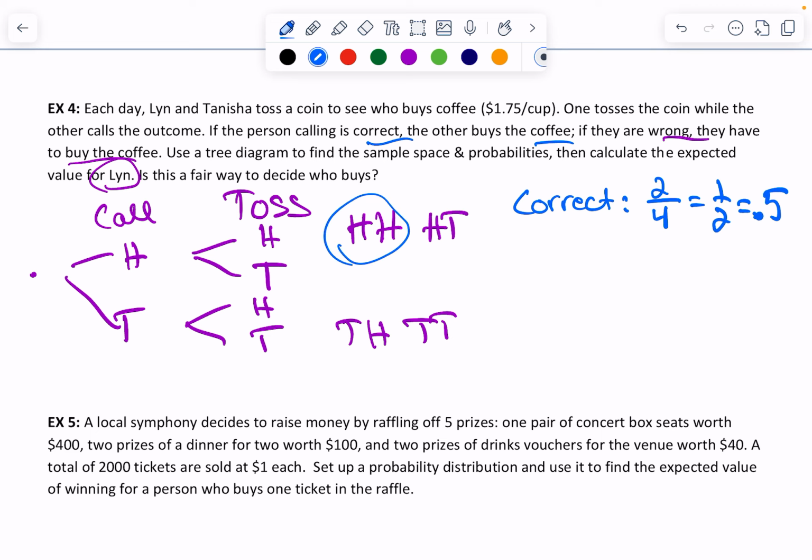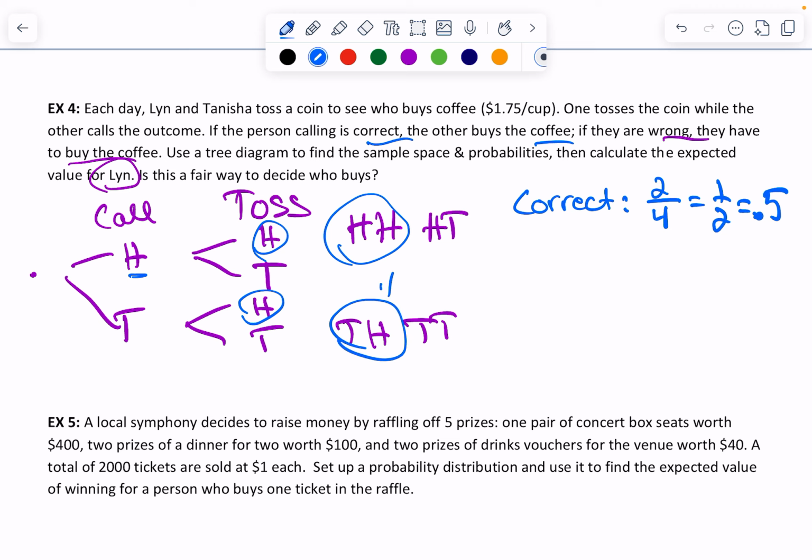Because we've got two of the correct ones, but if the toss is the same as that, sorry, that shouldn't be. Let me go back. If heads is called and the toss is a heads, it would be the 2 out of 4, because we've got the two.